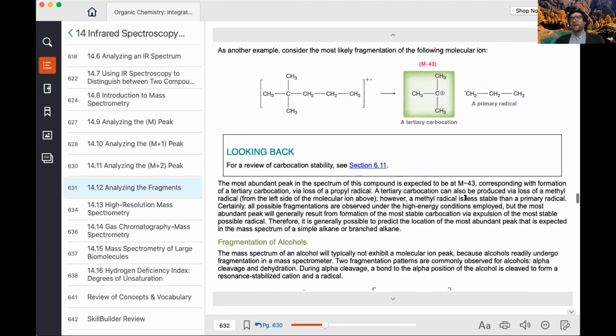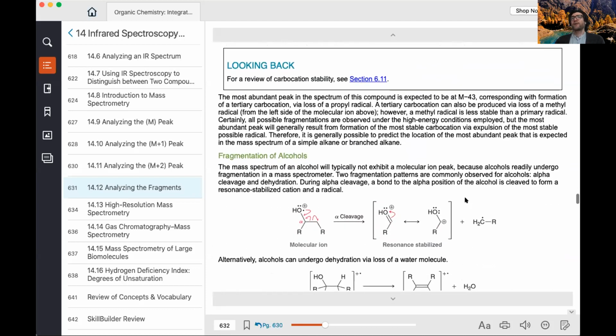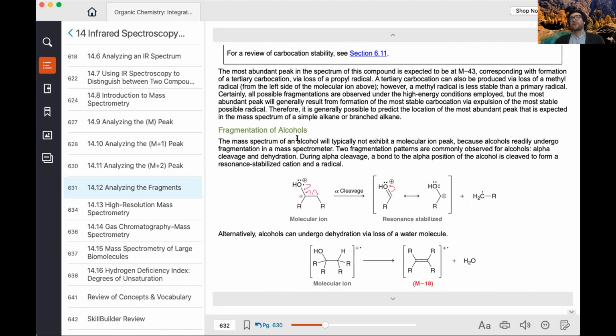Now, other functional groups can undergo different fragmentation as well. An alcohol can undergo fragmentation, but typically they undergo alpha cleavage and dehydration reactions. In an alpha cleavage, the alpha carbon is cleaved from the rest of the molecule through a very weird single electron transfer reaction. And this only happens because you've knocked off an electron with an electron beam.